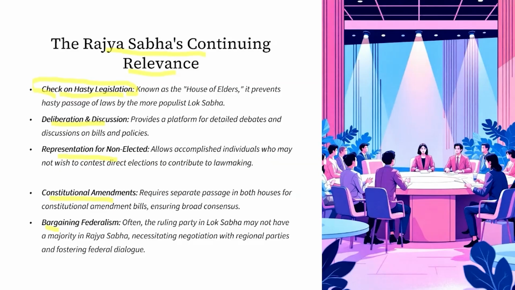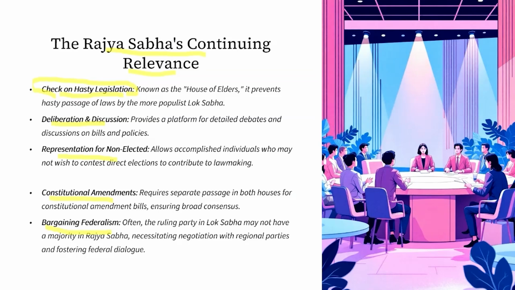Also, Rajya Sabha can act as a bargaining federalism tool. For example, the ruling party in Lok Sabha may sometimes not have a majority in Rajya Sabha. When they do not have a majority in Rajya Sabha, it means that the regional parties of different states have representation in Rajya Sabha.